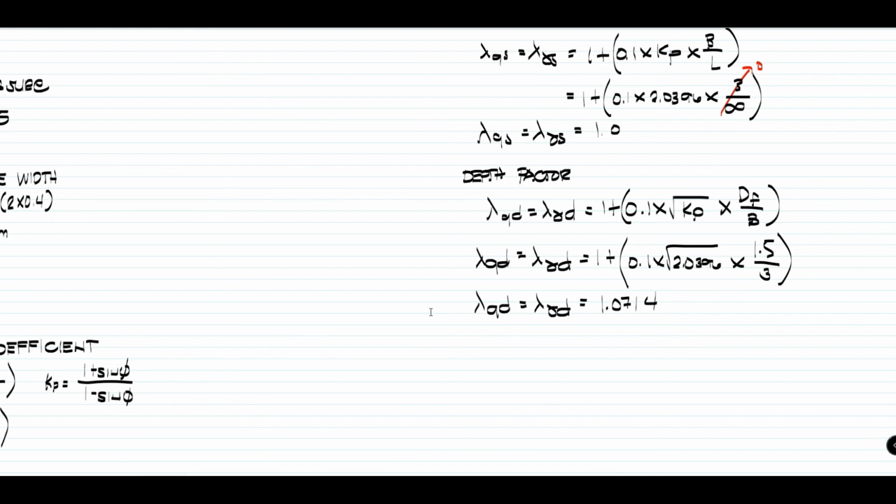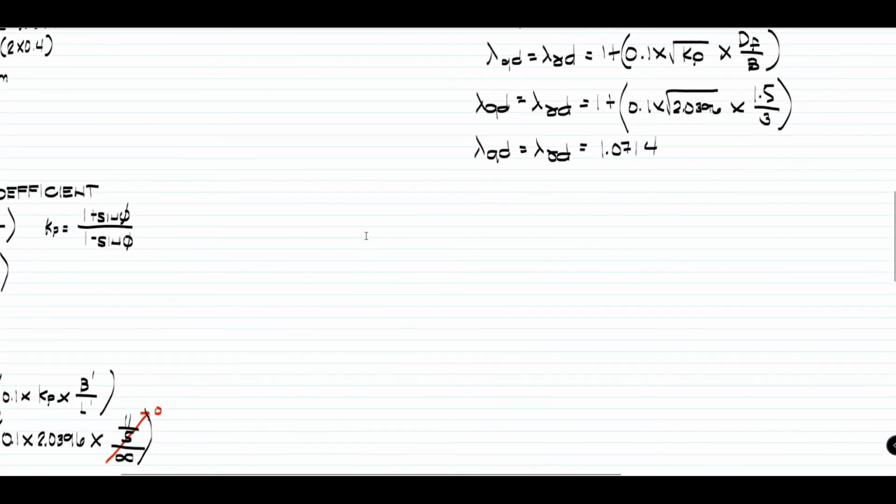So, yan ngayon yung shape and yung depth factor natin. So, since nakompleto na natin yung mga kailangan natin for the bearing capacity equation, we'll have to calculate for the ultimate bearing capacity for the concentric loading. So, that will be QU concentric is equal to, so that will be CNC, lambda CS, lambda CD, and lambda CI, automatically 0 pa rin siya dito.